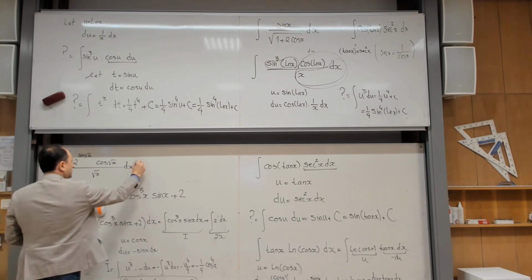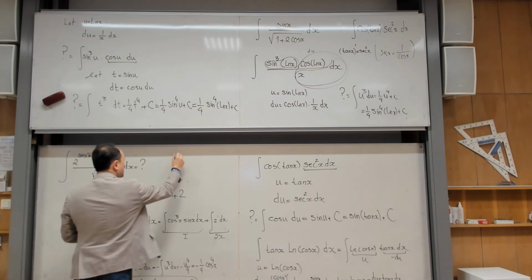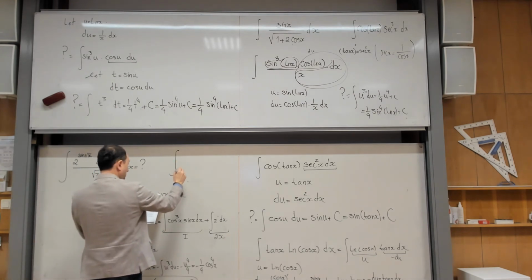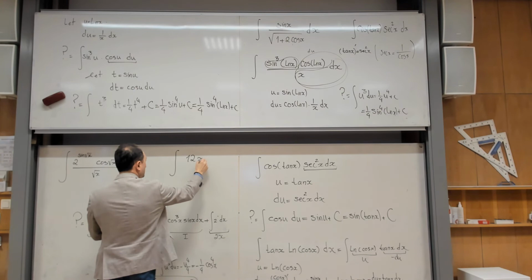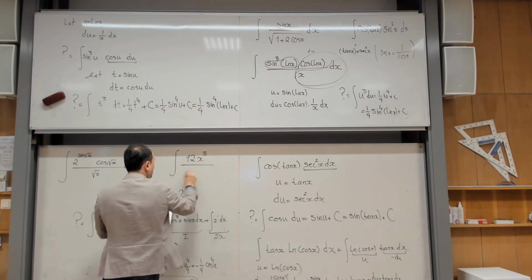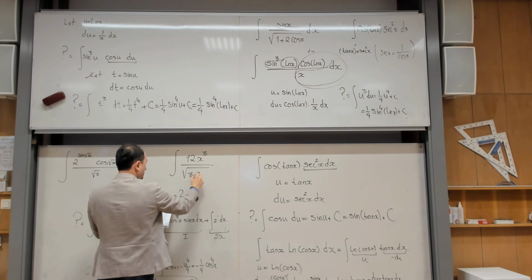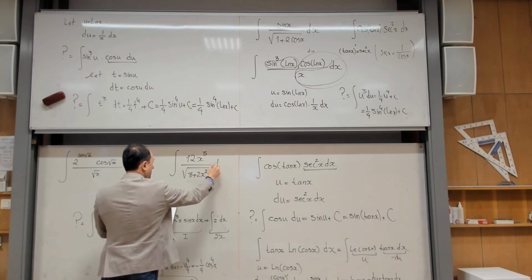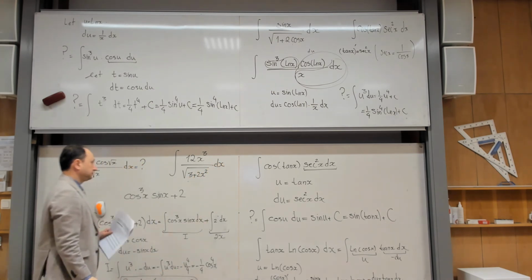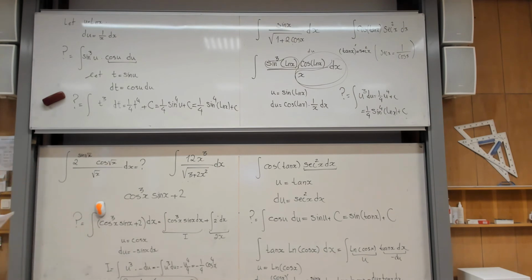Another question is this one. Integral of 12x cubed divided by square root of 3 plus 2x squared dx. We solve these two and we are done. But before I start, you can think about it yourself.